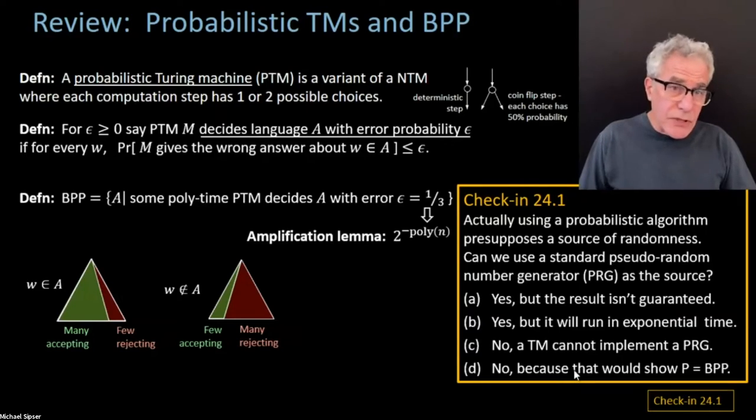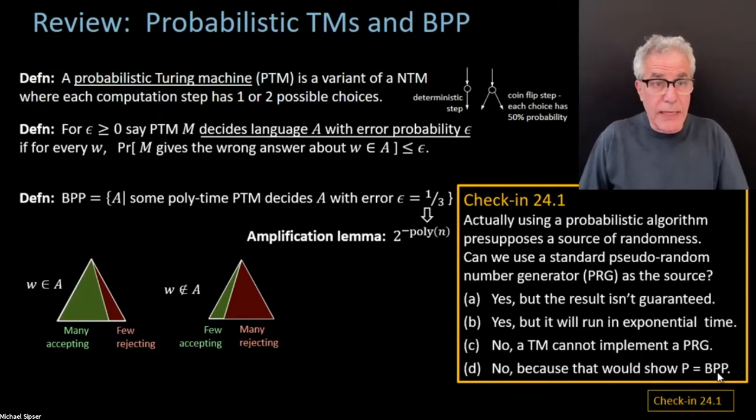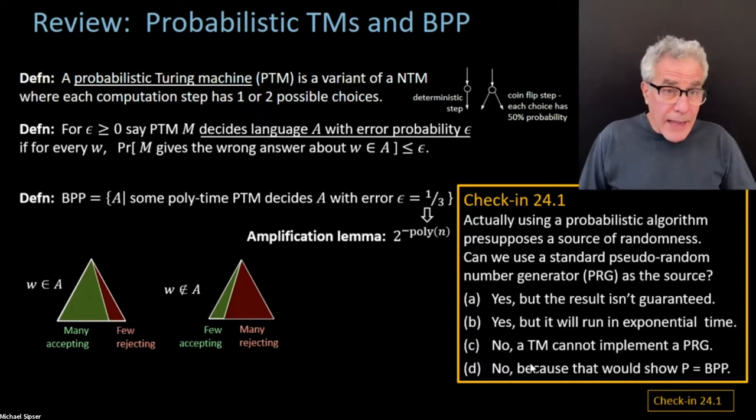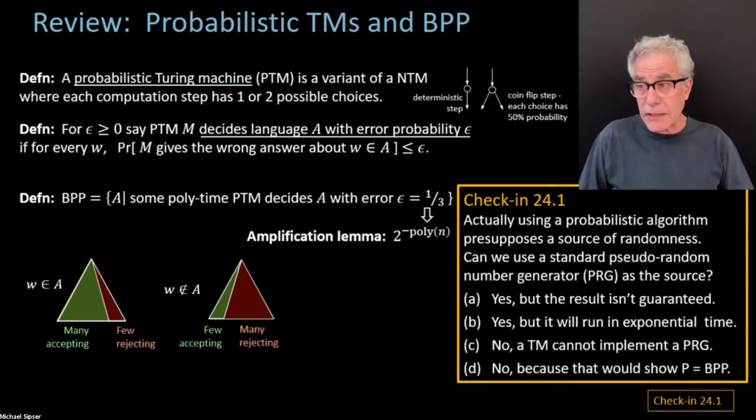D is kind of an interesting answer because you're saying, well, that would imply that P equals BPP if you could actually simulate randomness with a deterministic procedure. But in fact, the reason I would not choose D is because it's perfectly conceivable that P does equal BPP. We don't know that P is different from BPP, so it's conceivable that they're equal.